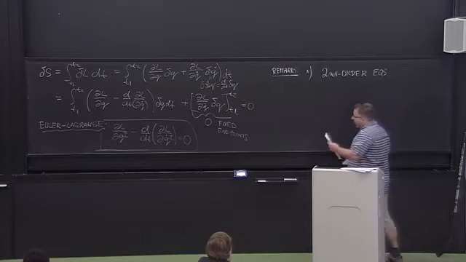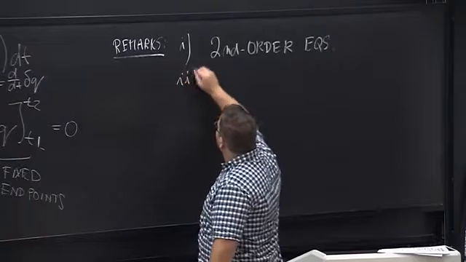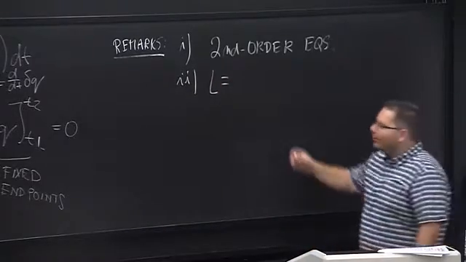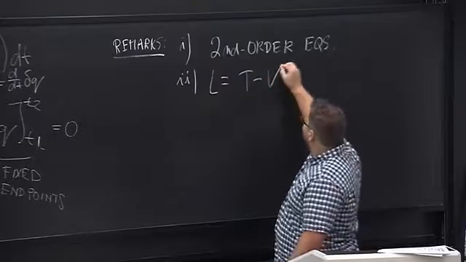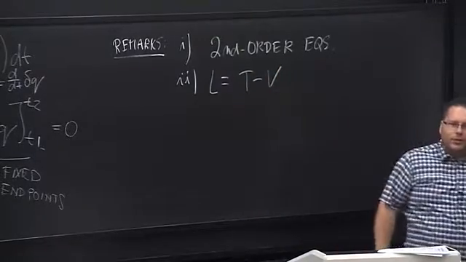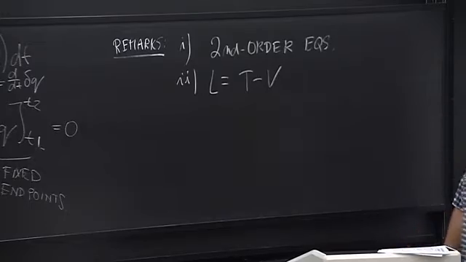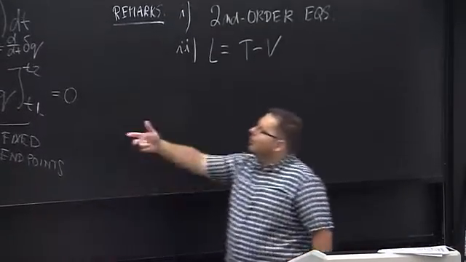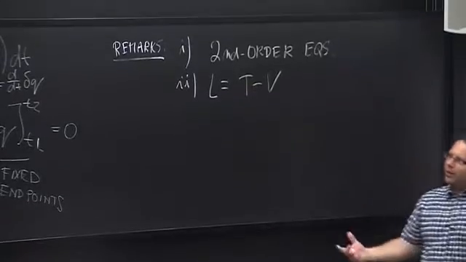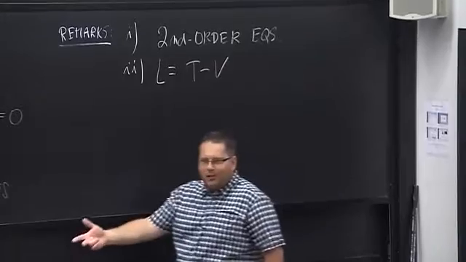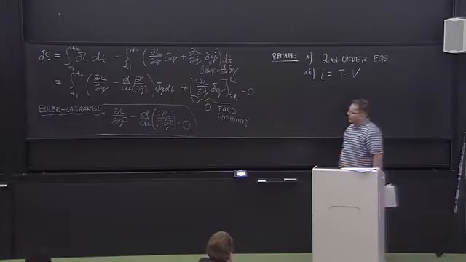That's the first remark. Second remark, I didn't tell you what L is, but typically for mechanical systems, it's just the kinetic energy minus the potential energy. I haven't derived this. The way I treated it is, whatever L is, this is my equation of motion, and L specifies my system, and this is how the system behaves.